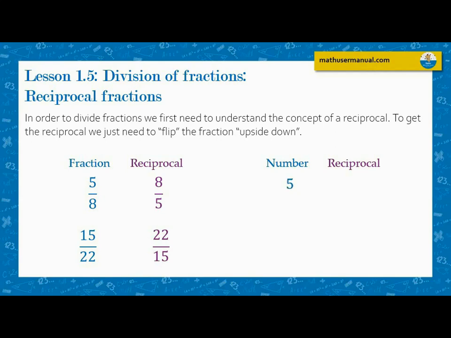For example, the reciprocal of 5: we put a 1 in the numerator and we move the 5 to the denominator. And that's how we get the reciprocal of regular numbers. Let's do 15. We write 1 as the numerator and move 15 to the denominator. And this is how we get reciprocals of fractions and numbers.